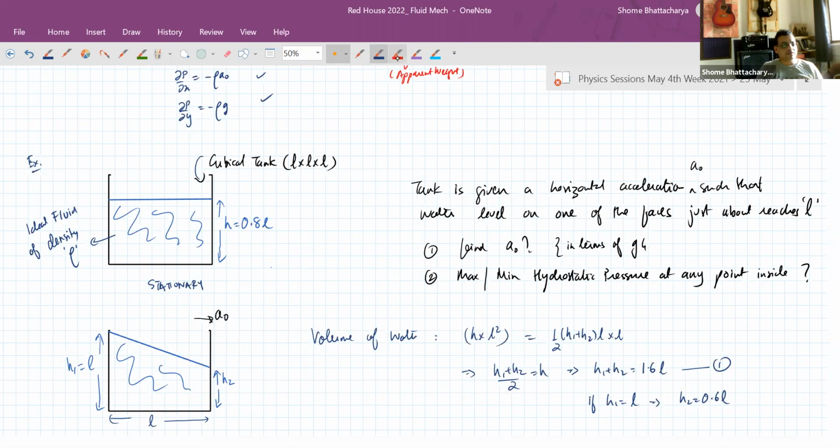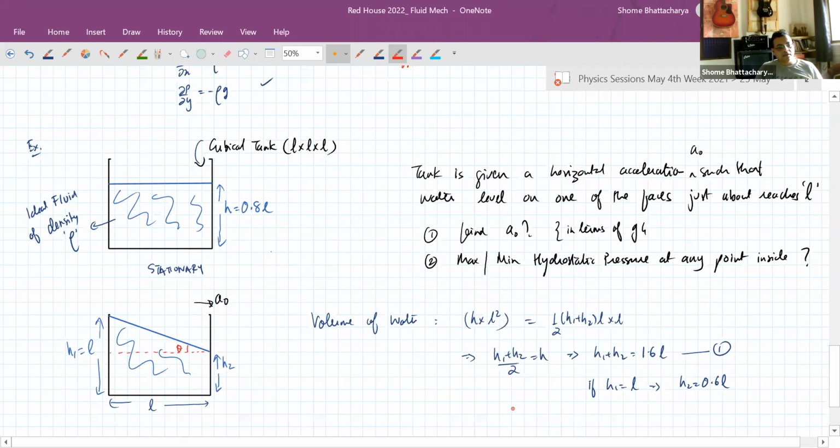And then you can see, if that is the case, then to directly equate this, tan theta is equal to this. We'll be getting this.